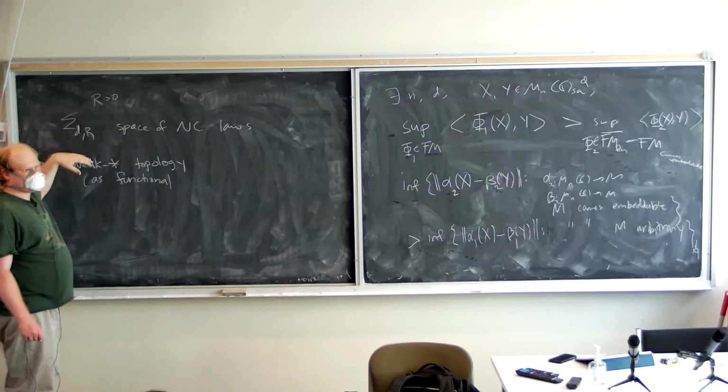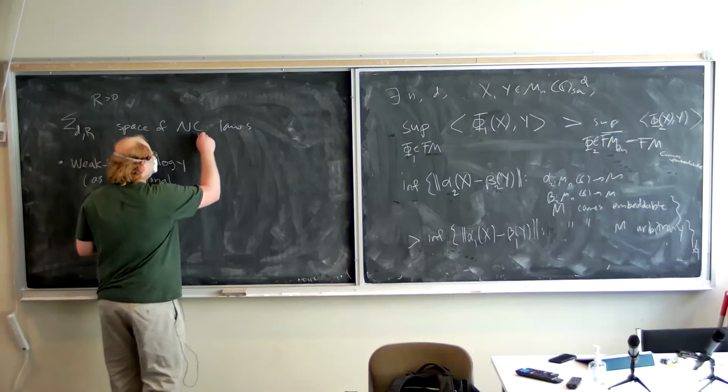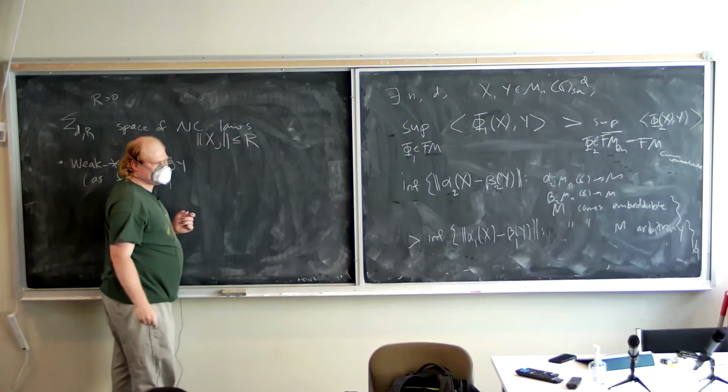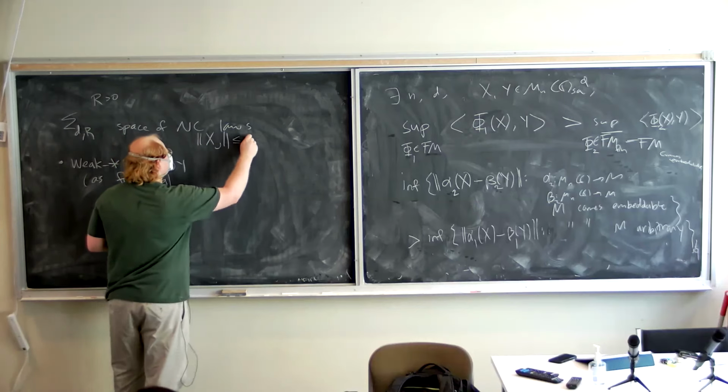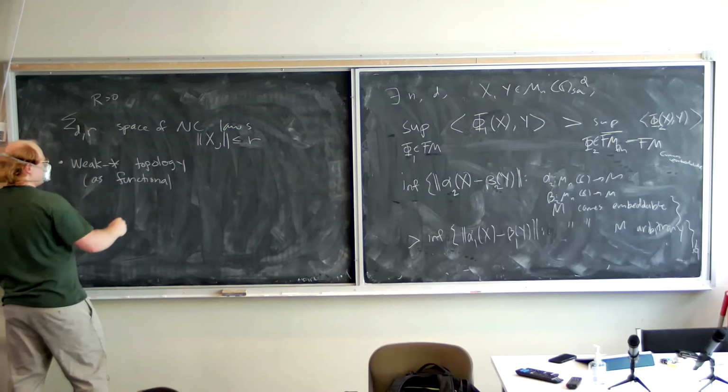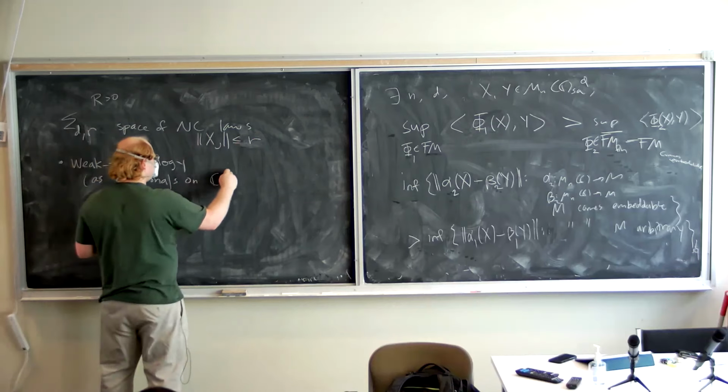Okay, but what is the role of R in the definition of these? Is that you're considering x_j with operator norm less than or equal to R? Oh, yeah, you're right, this is a little r. Okay. So there's a weak star topology on this space.